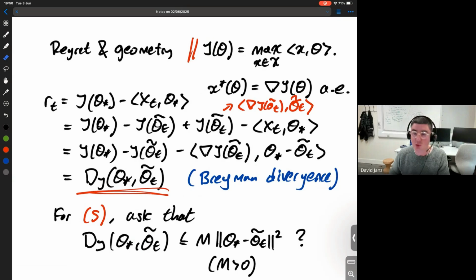And so if we don't want the regret to change too much as you perturb the parameter, we might ask for a literal smoothness condition, asking that the Bregman divergence is upper bounded by some constant m times the norm squared between theta star and theta tilde. Could be any norm.